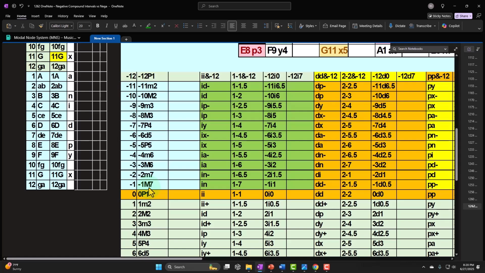So I'm going to say we're going 1 note back in the negative direction, and then think about the forward direction. How many steps would I have to go around the block clockwise to get to that same point? I'd have to say 12 minus 1 would be 11, and 11 is a major 7. Therefore, the major 7 could be going back 1 or forward 11.